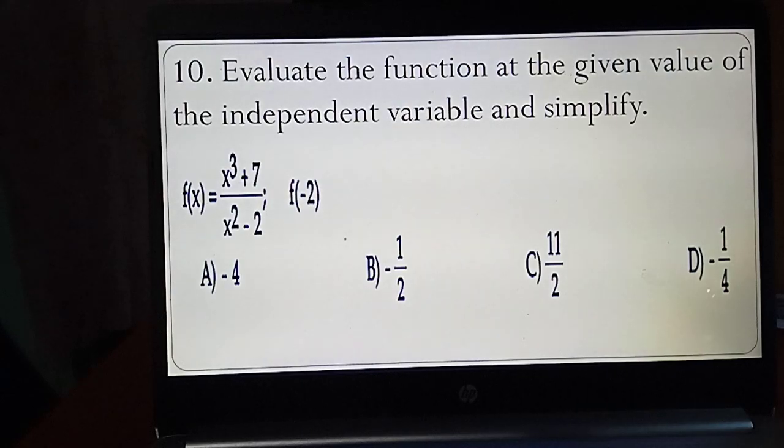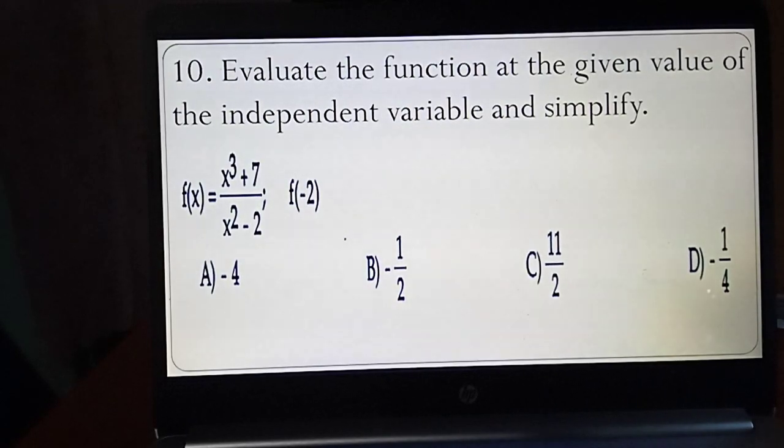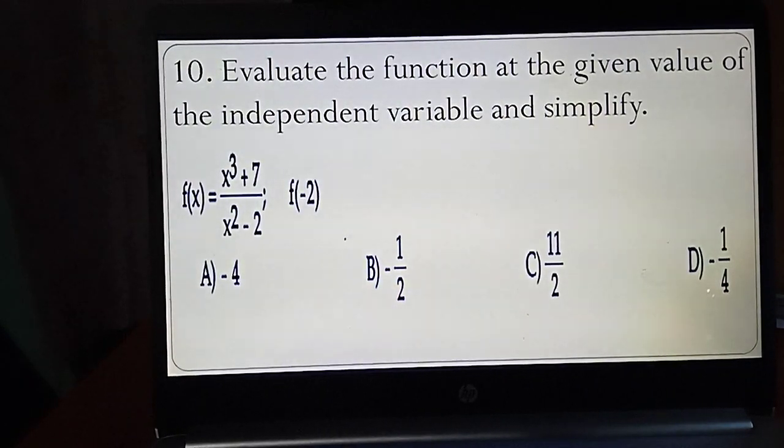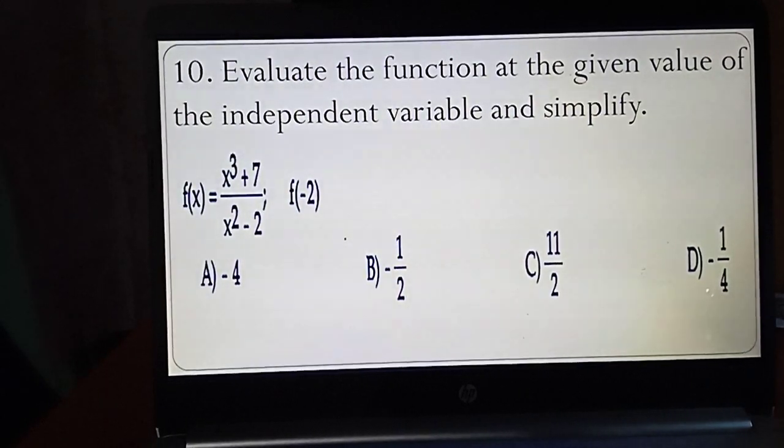The next: evaluate the function at the given value of the independent variable and simplify. We have f of x equals x cubed plus 7 over x squared minus 2. Find f of negative 2.